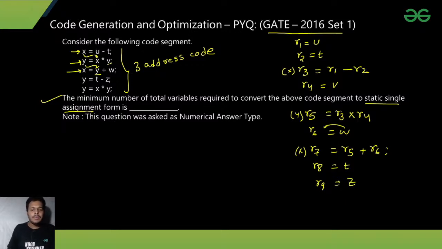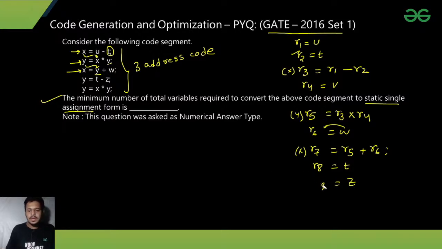But there is an issue: T we have already assigned, and the value of T has not changed. T is already assigned, that is R2.